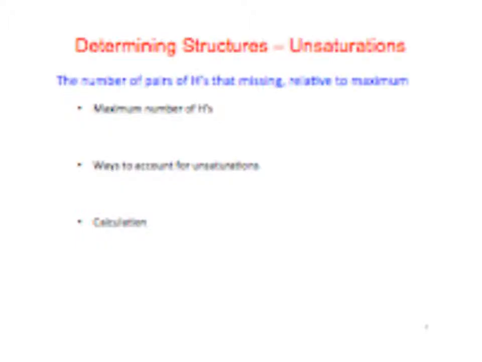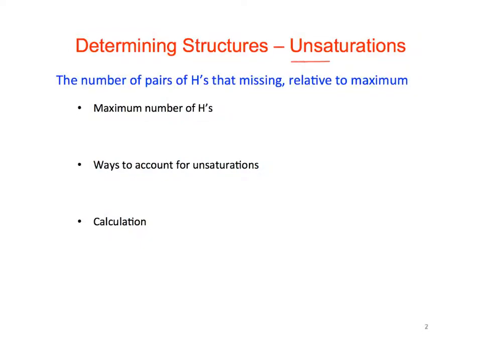All right, so let's think a little bit first about pieces of information that might help if we're trying to determine a structure. One thing that can help is determining the number of unsaturations in a structure if we're given the molecular formula. One way to go about this is to determine the maximum number of hydrogens that could be in a structure for a given number of carbons.